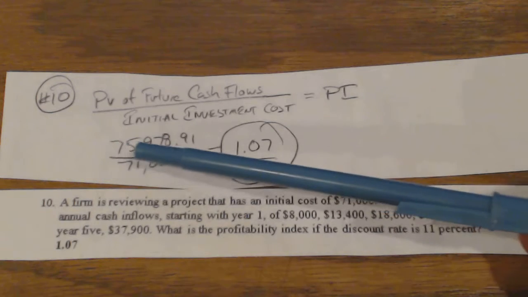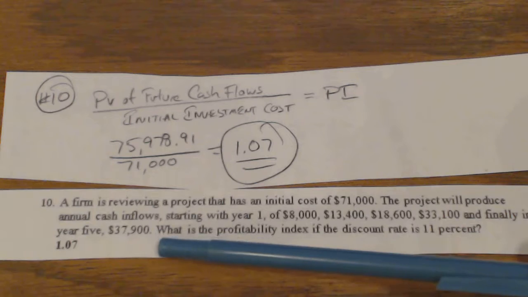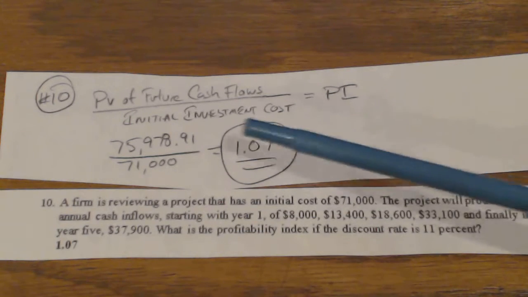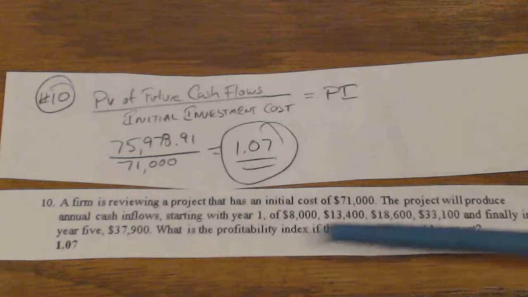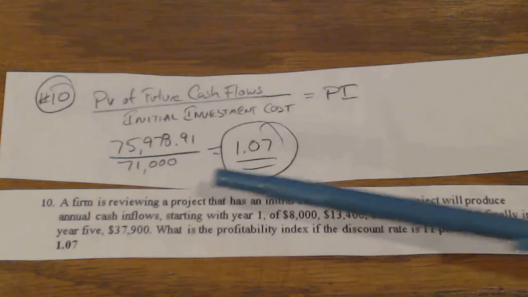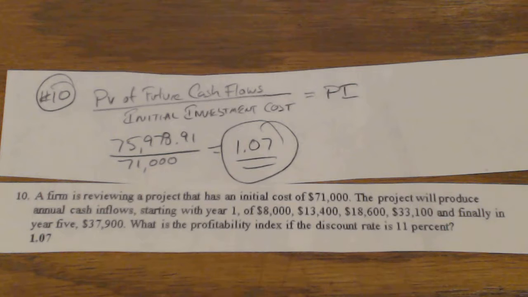So you take the present value of those future cash flows, which in this case, all these 5 cash flows discounted at 11% got you to $75,978, and you divide it by your initial cost, and that gives you your profitability index. It isn't used that much. It's not as good as having the IRR or the net present value. Okay, that's 8, 9, and 10.